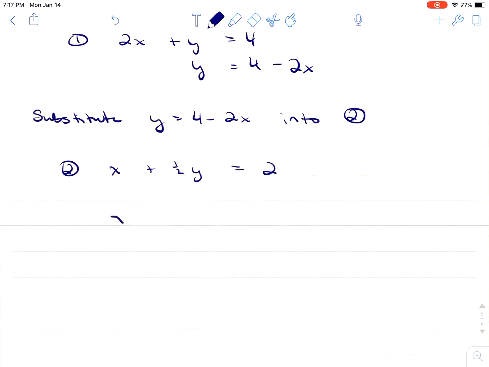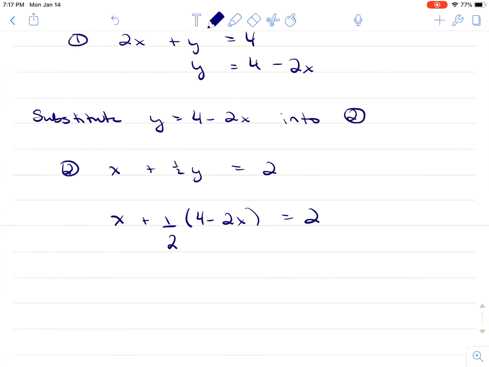So now we have x plus 1/2 y, and y we're substituting in 4 minus 2x, and then equals 2. So I do have to bring in this 1/2 inside the brackets, right?